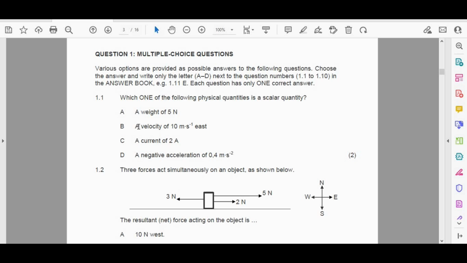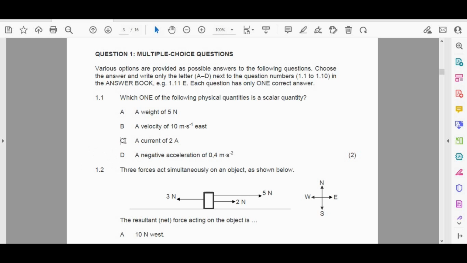B we could see was definitely wrong, because there's a direction there, and direction is a vector with a magnitude, so B is out. C, current of 2 amps, maybe we're not so sure, so we leave that. D, a negative acceleration of 0.4 meters per second squared. We know acceleration is a vector quantity, so we eliminate D.